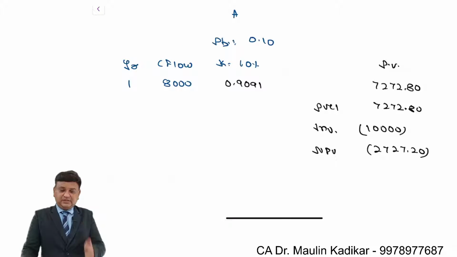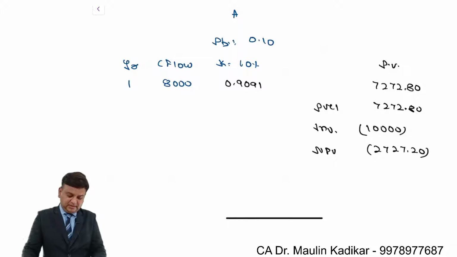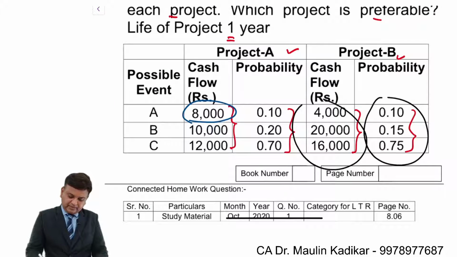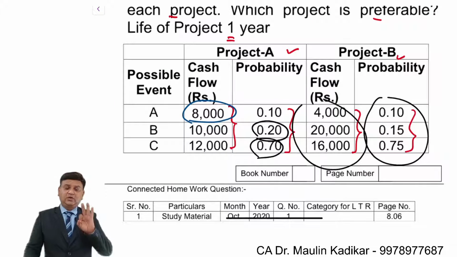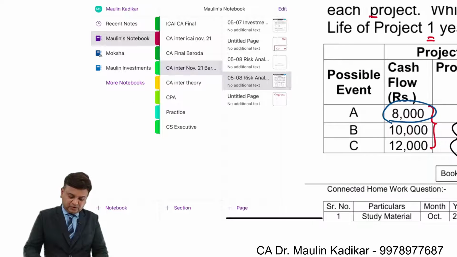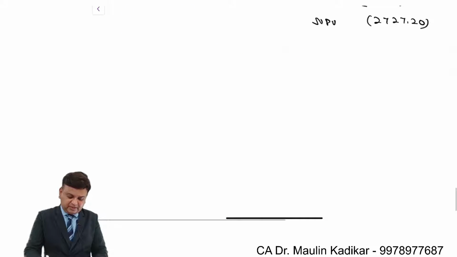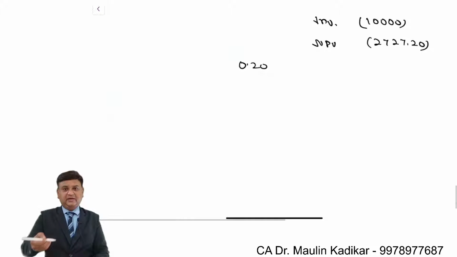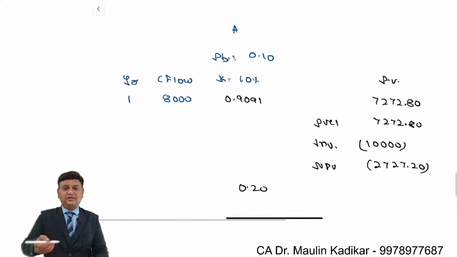So like that, the first 10% chances, then next 20% chances, and next 70% chances. For the three different possible situations, we will compute NPV. Once you make the computation of the NPV, then you will compute the mean NPV. Similarly, for the 20% probability we will calculate NPV, and for the last one also.